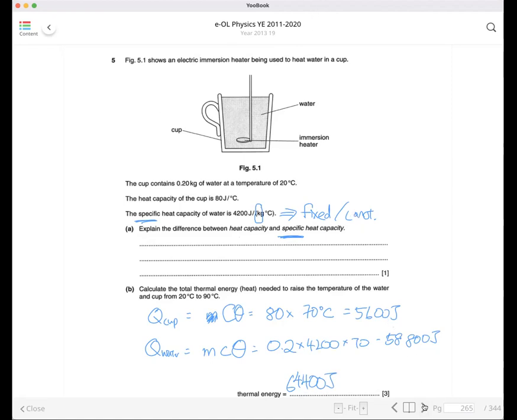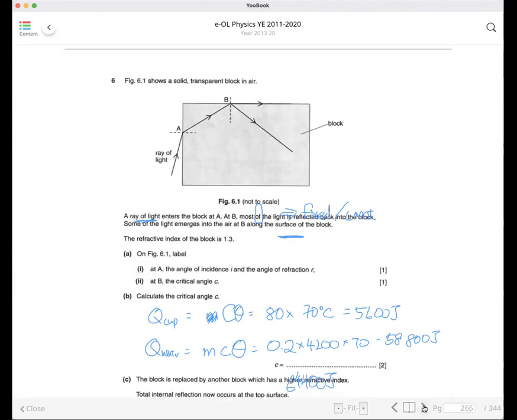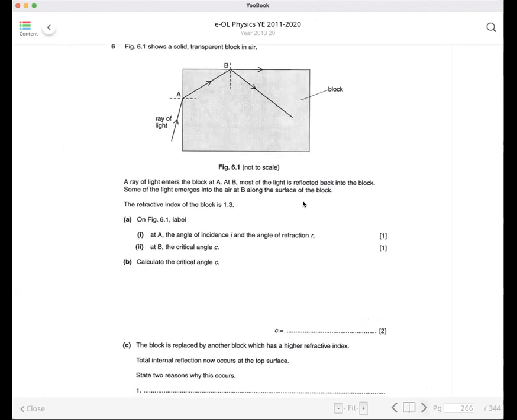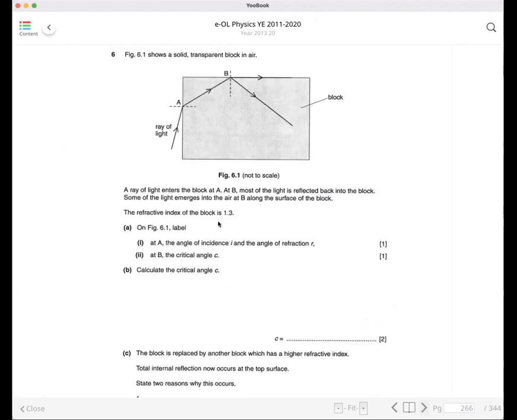Okay, let's continue. Let's label 1 and 2. Bei Kuan, can you do A? Then Yuting, can you do B? Both of you do on the screen.